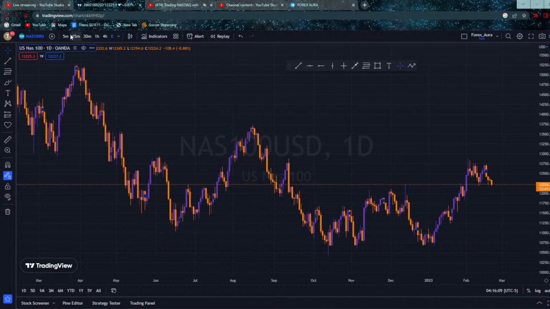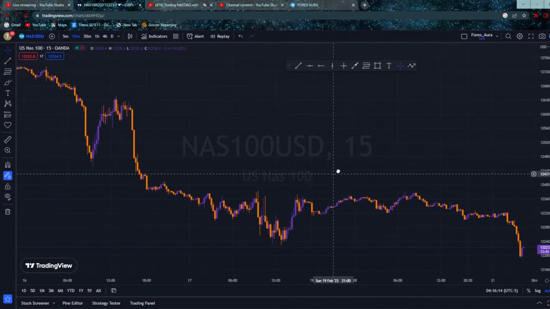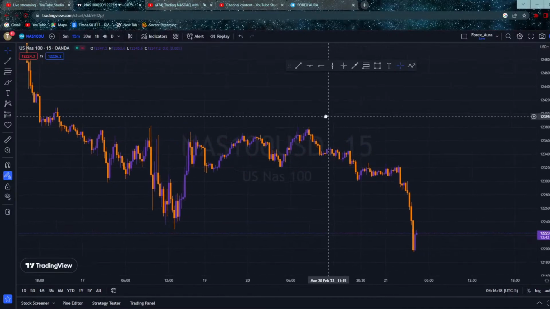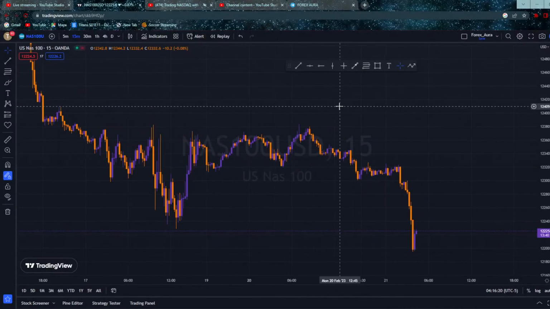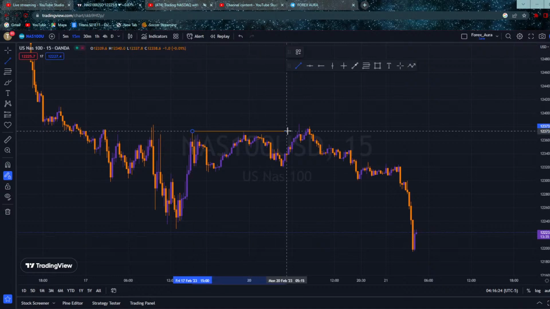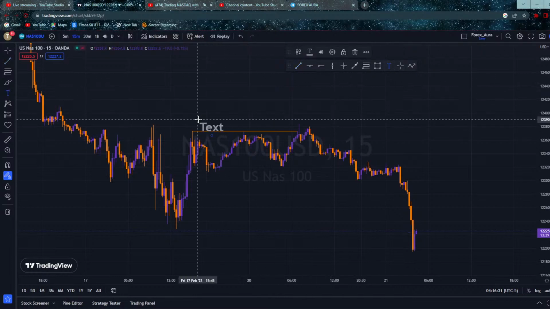You understand? Let me make an example on the chart. For instance, let's say you were able to see that here you have your relative equal highs, right? Let me name that.